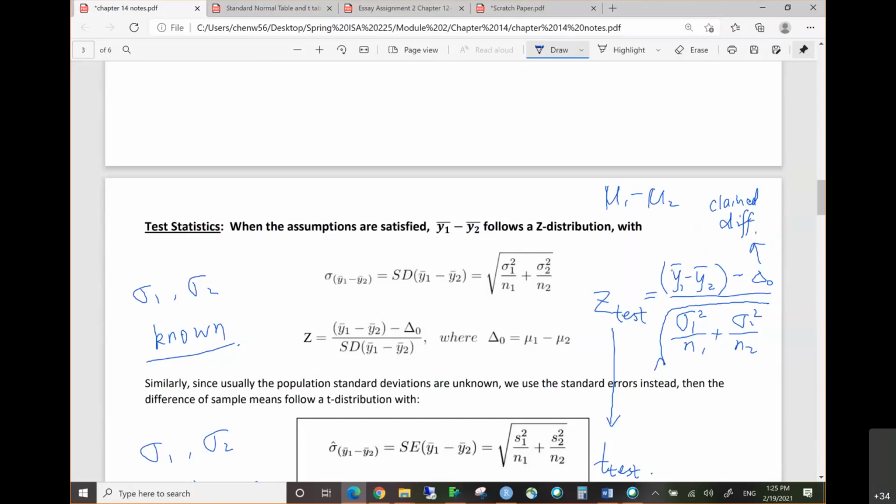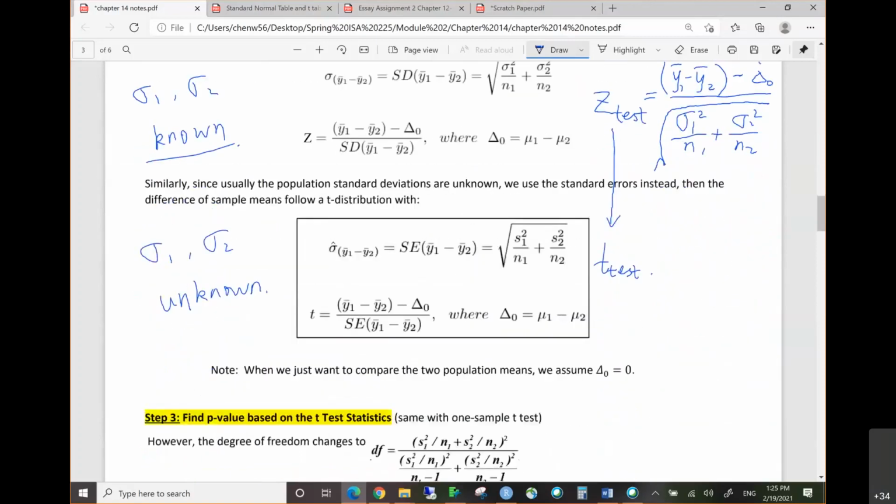All right. And then similarly, if the population standard deviations are not given, then you have the t-test statistic. And then similarly, you have the difference between the two sample means minus the claimed difference. Joe, any question? I'm all good. Okay. And then divide by the standard error.